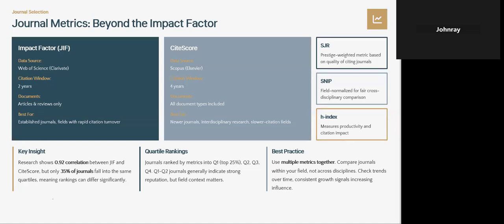Then when we look at the SNIP, yes, if someone can type the full meaning of that in the chat box, I'll be so grateful so that we can move together. Are we together?